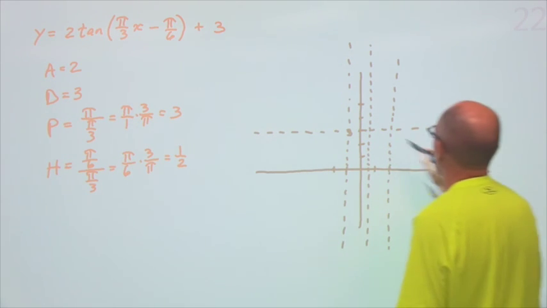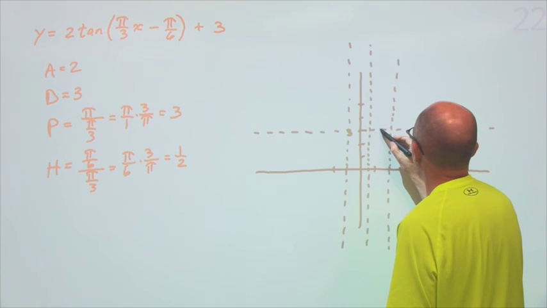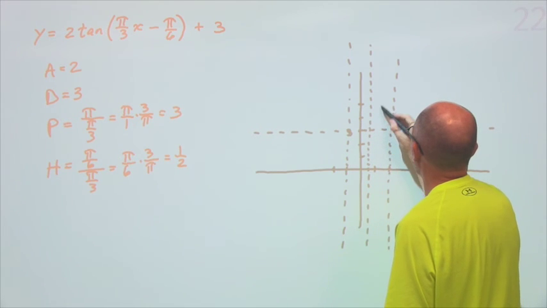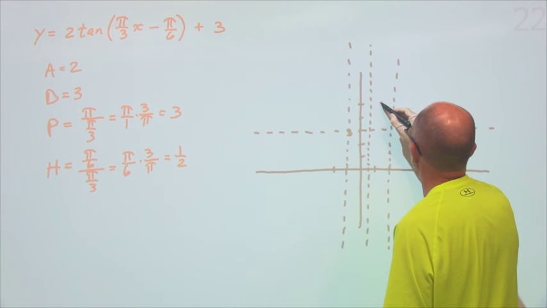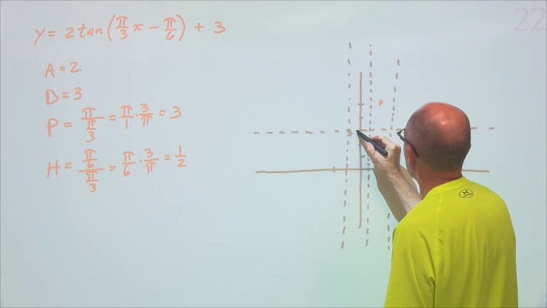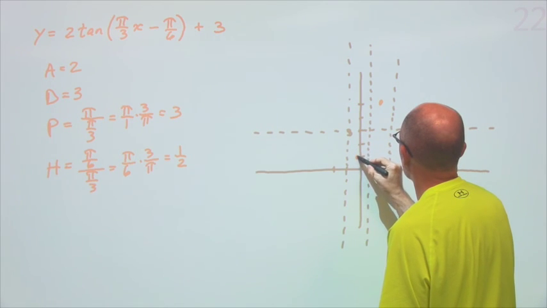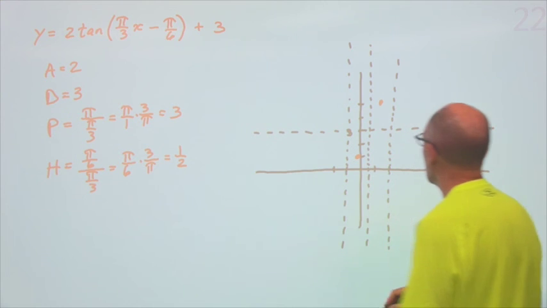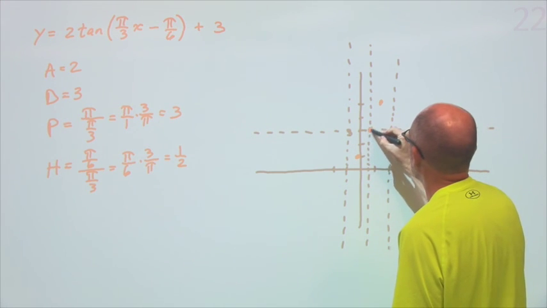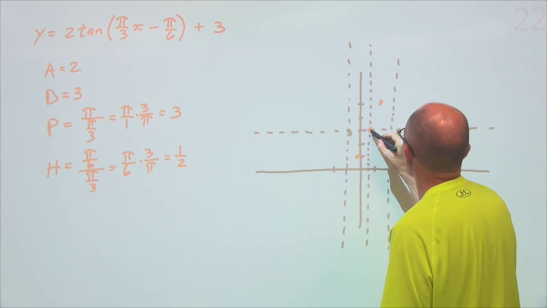So I'm going right halfway, and then I'm going 1, 2 up. And then when I go half this one, I go 2 down. And my curve is going to look like this.